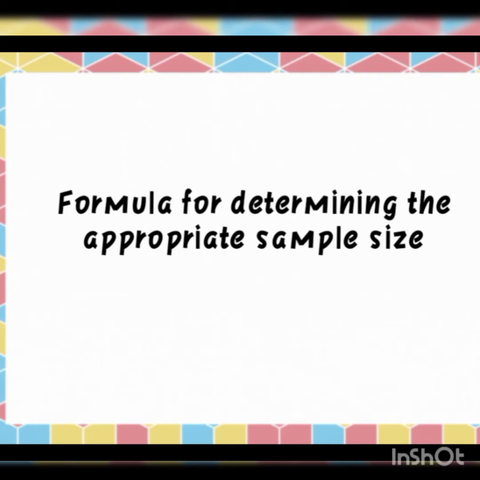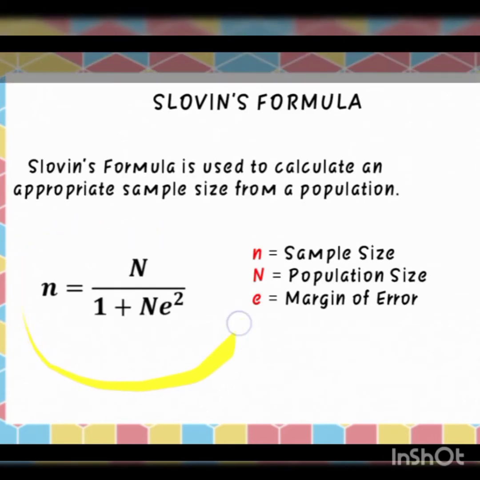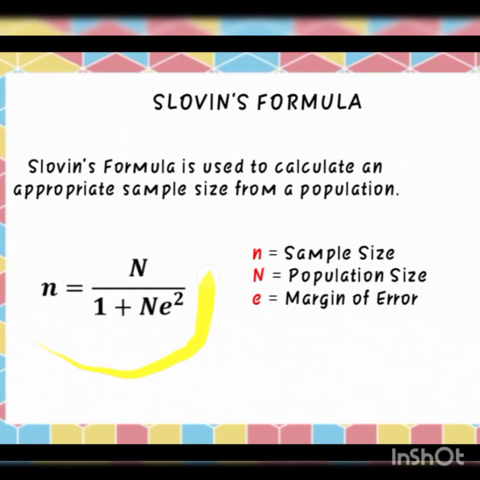Okay, so this will be the formula that we're going to use, where the small n here is the sample size, the big letter N here is the population size, and then the letter E is the margin of error. When we say margin of error, it refers to a confidence interval. It tells you how much you can expect on your survey or your sample from the population you have.